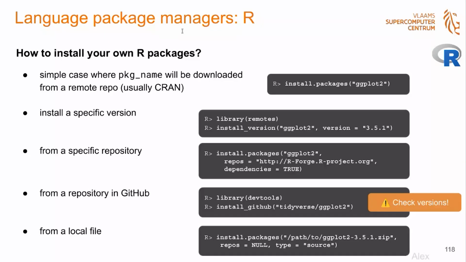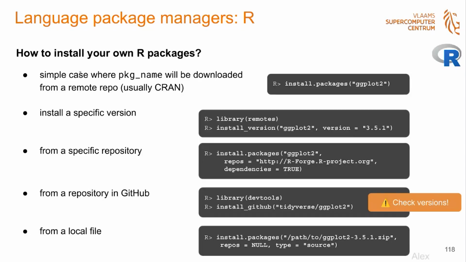And then there are other functions like install_github that will install the package, but instead of downloading from CRAN, it will come from any GitHub repository of your choice, which might also be handy if you want to install some code that is in development, or has not been published in CRAN. That can happen. And you can also install packages from a local file.